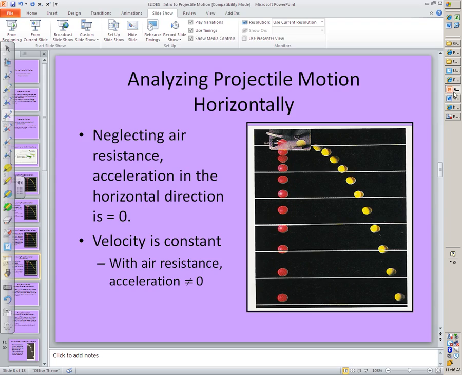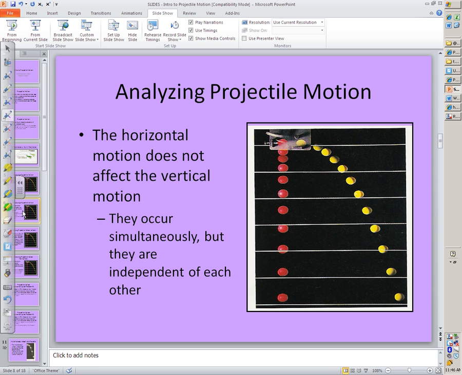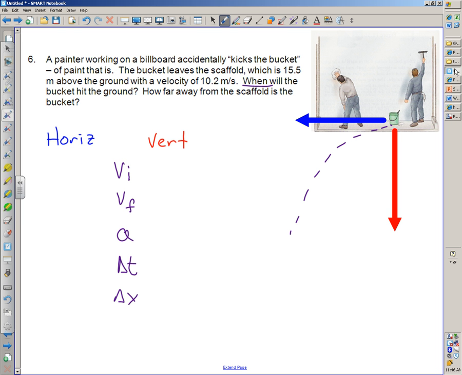Because one of the things that we said was, these motions are occurring simultaneously. Yes, they're independent of one another, but they're happening at the same time. So if we know the time in one dimension, we automatically know it in the other dimension. This row of the table has to be the same both vertically and horizontally.